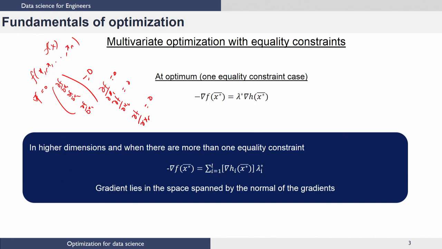Now, let us see what happens if I am trying to solve a problem where I minimize f of x, which is x1, x2 all the way up to xn, but like I said before, I also introduce one constraint of the form h of x1, x2 up to xn equal to 0.